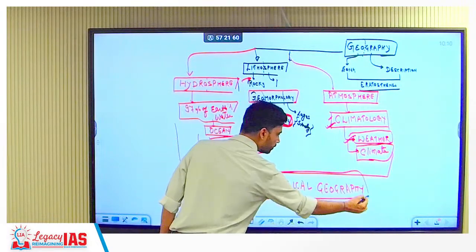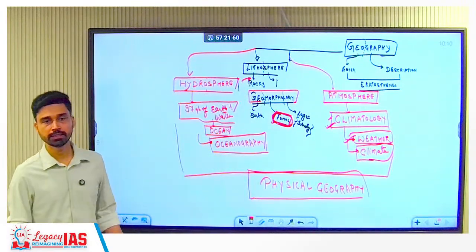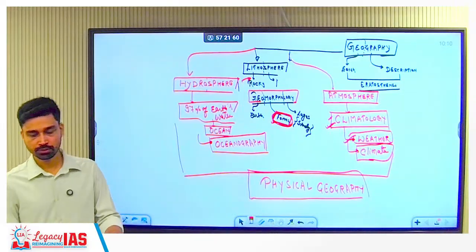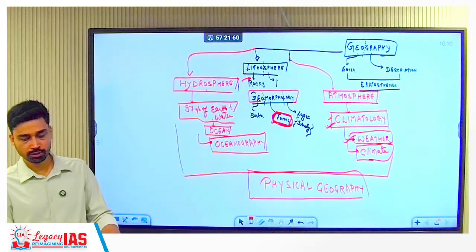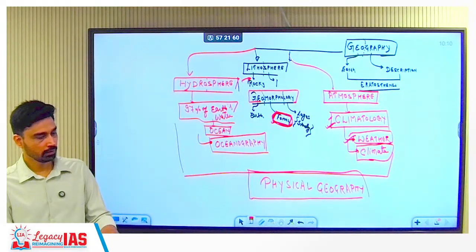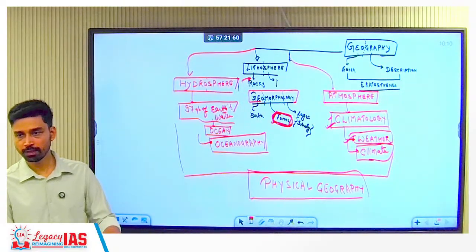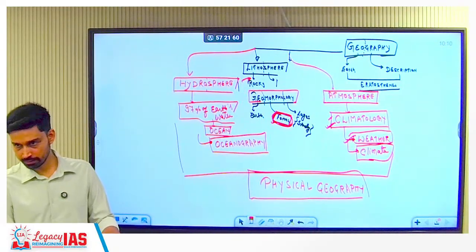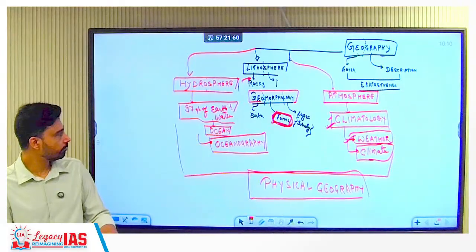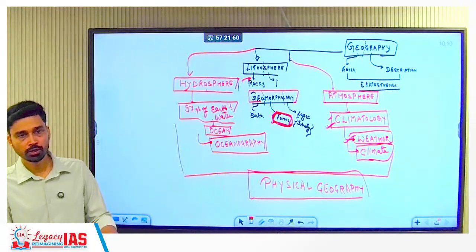The section physical geography consists of the three branches, that is geomorphology, climatology and oceanography. And this collectively makes up roughly 60 to 65% of your entire UPSC syllabus.